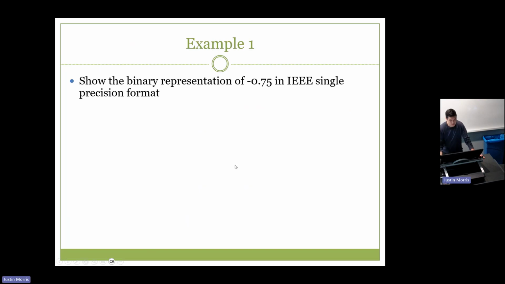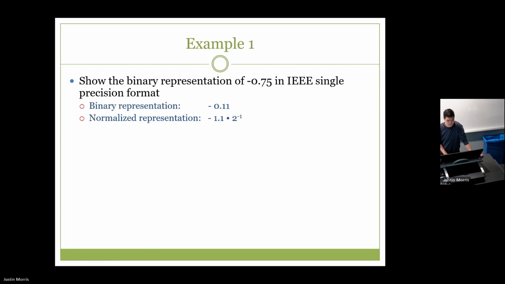Right, so here is our first example. We want to show the binary representation of negative 0.75 in IEEE single precision format. So what's our sign bit? 1. And what would our mantissa bits be? Which ones are our mantissa bits?